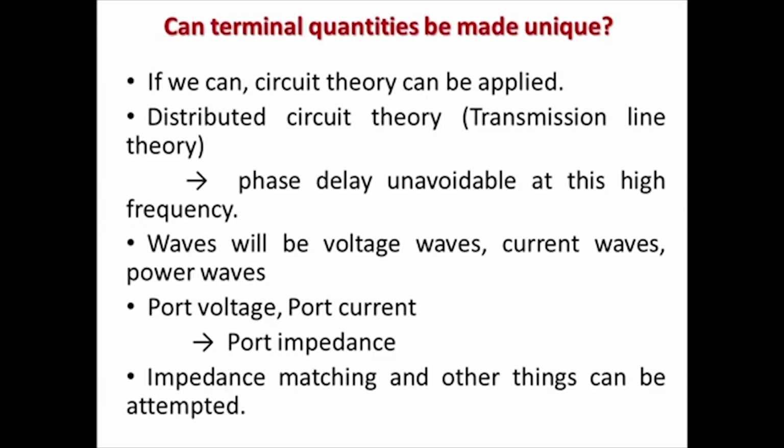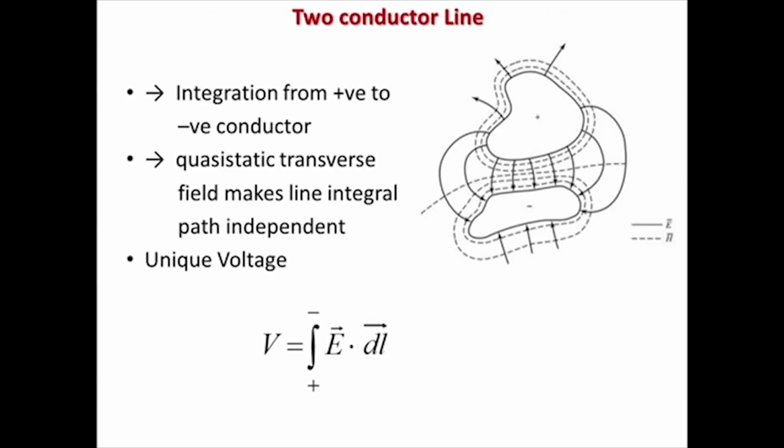So, what is the best possible way by which we can define voltage and current? If we can do that, then we can do impedance matching and other design things.